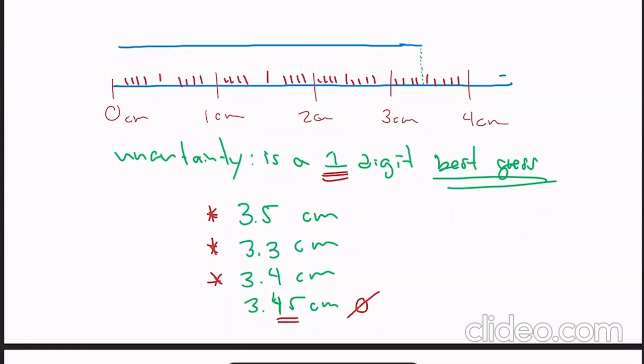And let's revisit these answers. Well, 3.5. Here's my 3 point. This is 3.5 right here. There's my 3.5 mark, which means that this is no longer an acceptable answer. 3.3, nope, not an acceptable answer.